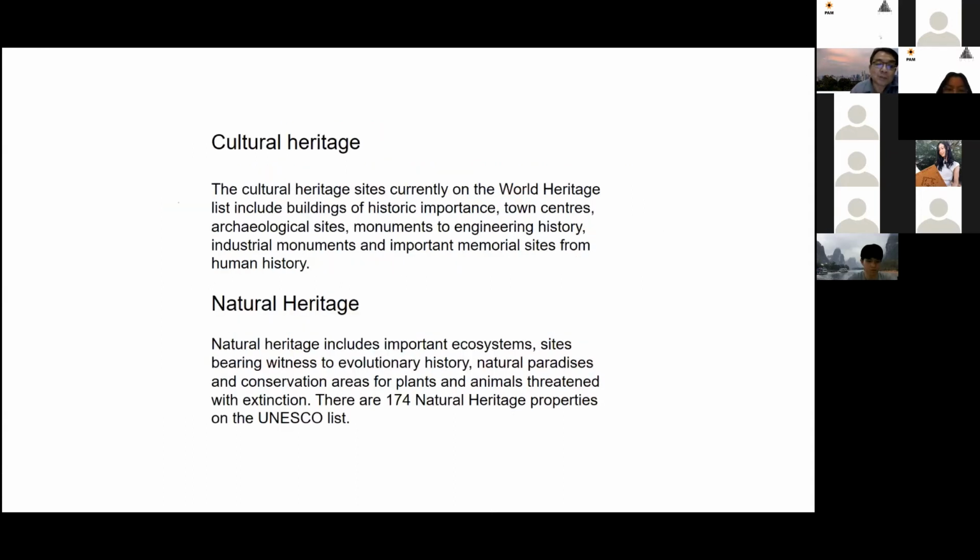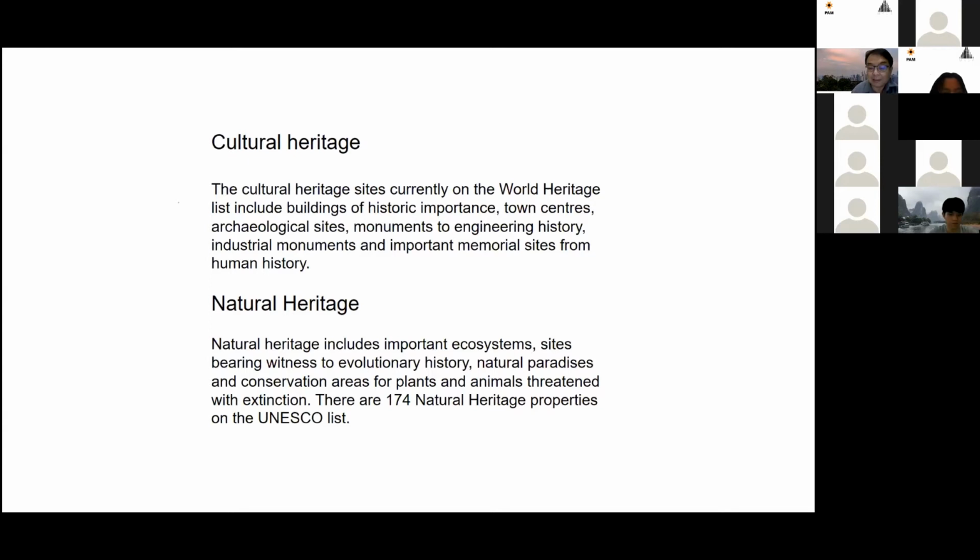So let's look at cultural heritage. Cultural heritage sites currently on the World Heritage list include buildings, historically important town centers, archaeological sites, monuments to engineering history, industry monuments, and important memorial sites from human history. So it's cultural. Then there's natural heritage, like Belum Lake, for example, in Malaysia, and Mulu Park.